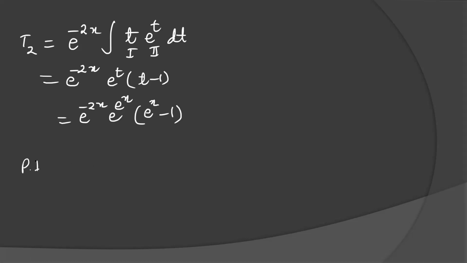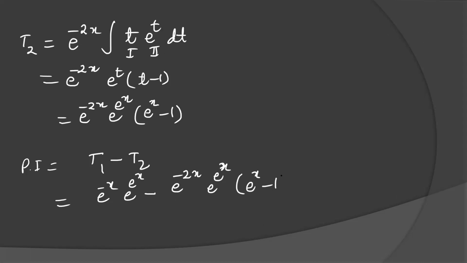So the particular integral is T1 minus T2 actually. T1 is e to the power minus x e to the power x, minus T2, which is e to the power minus 2x e to the power x e to the power x minus 1. Okay, simplify it.